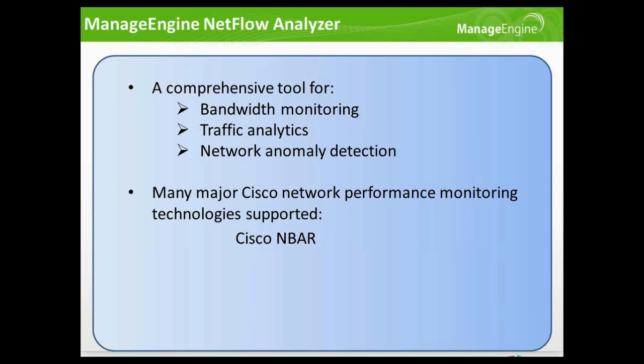Then we have Cisco NBAR support, which helps you with deep packet analysis and layer 7 application analysis. And we have Cisco CBQoS support, where you can use the CBQoS report available in NetFlow Analyzer to validate the performance of your quality of service policies.